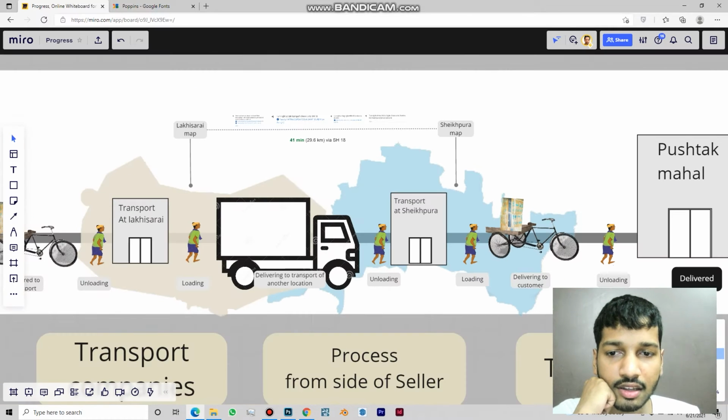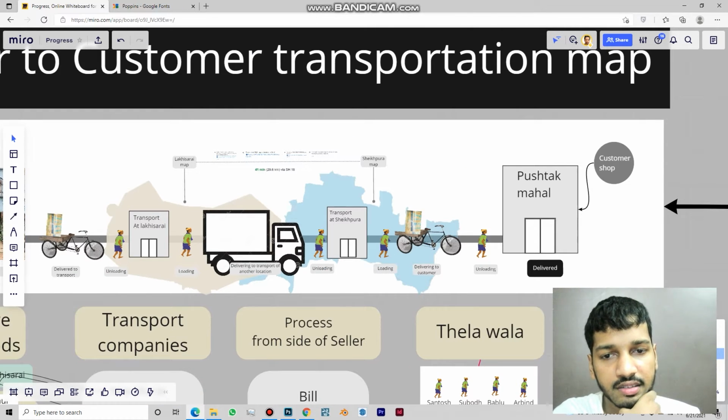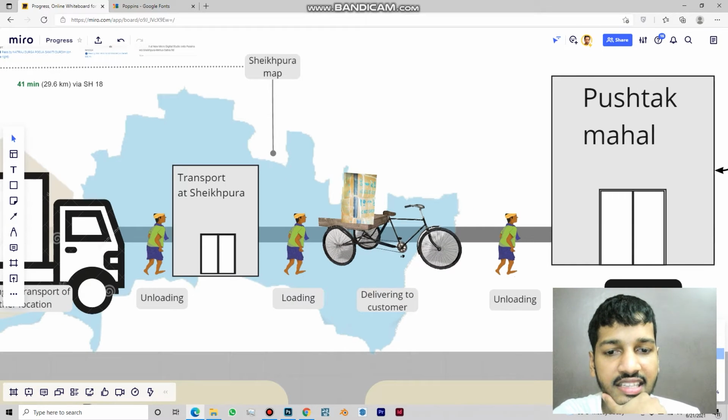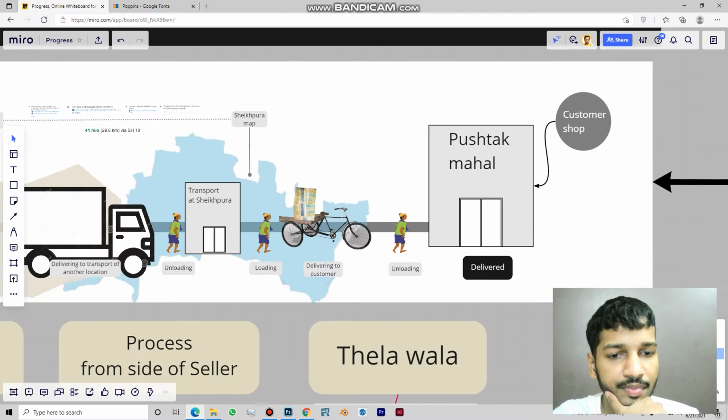In the background we see Lakisrai, and this is another area on the map. The blue one is Sekura. So now the transport at Sekura, unloading, then again loading, then again delivering through Thela to the final customer at Pustak Mahal.